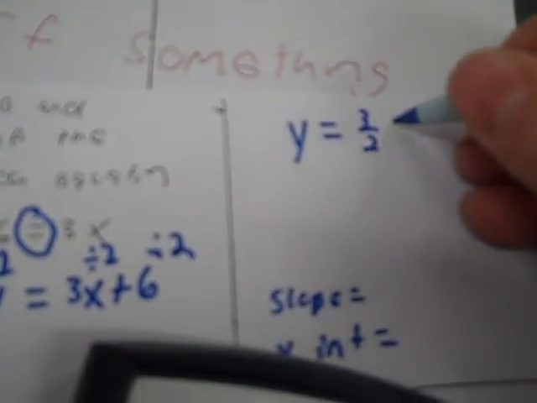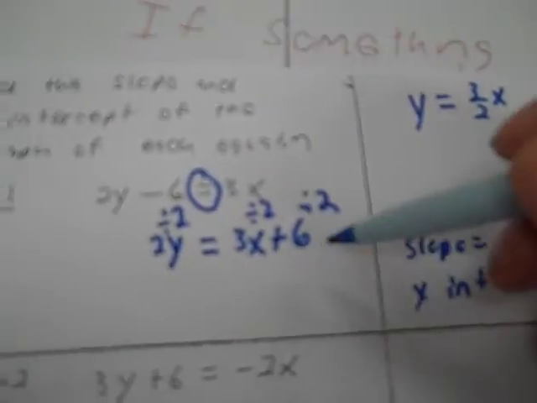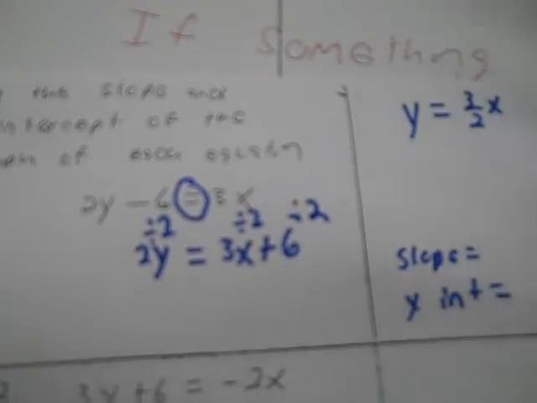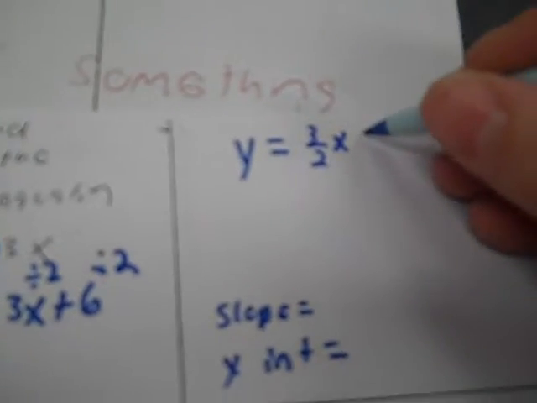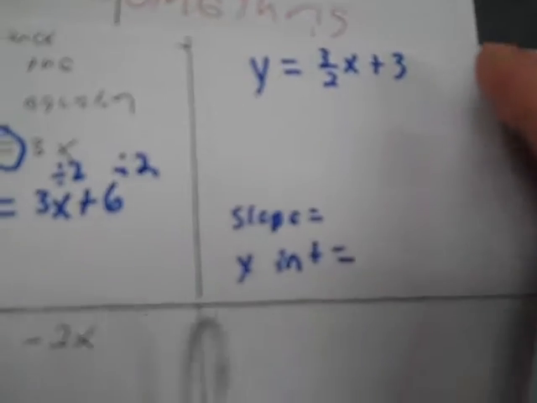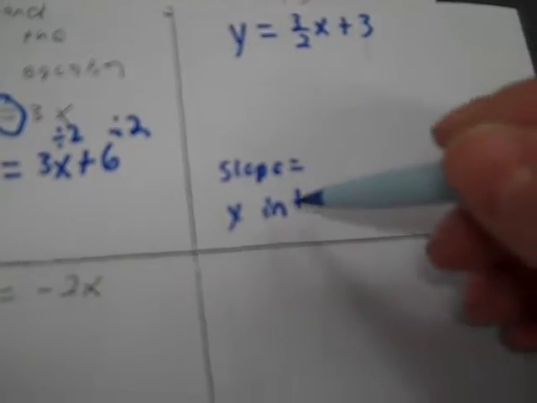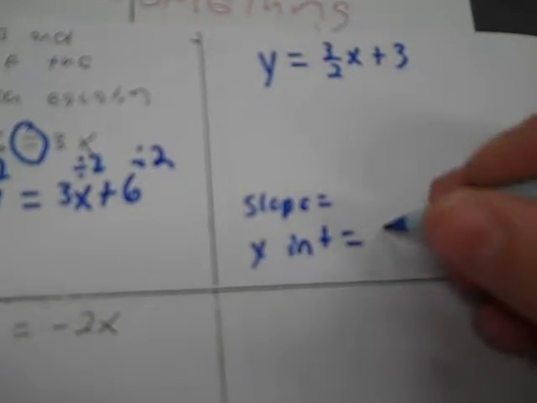If you get any decimals, you need to leave it 3 over 2. So it's 3 over 2 x. And then over here, 6 divided by 2 is 3. So y equals 3 over 2 x plus 3. So my y-intercept is the constant 3, and the slope is 3 over 2.